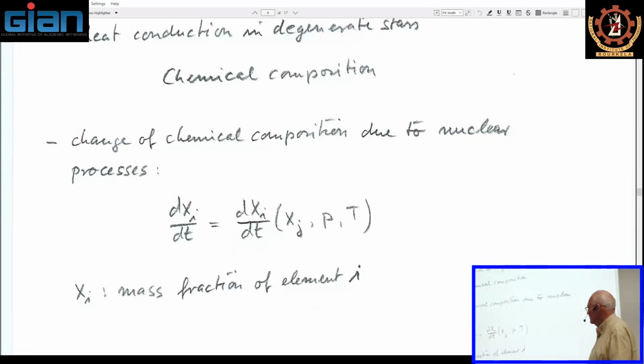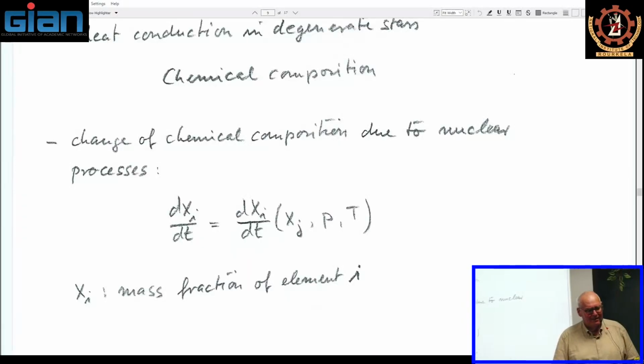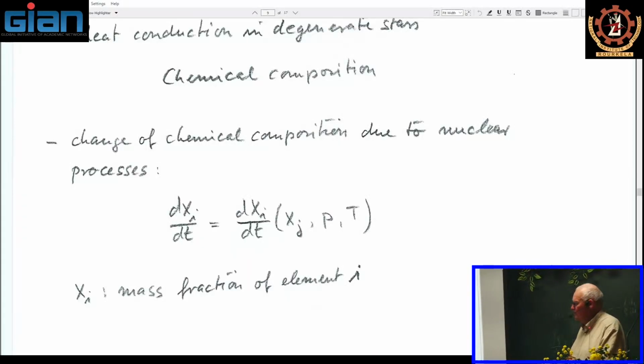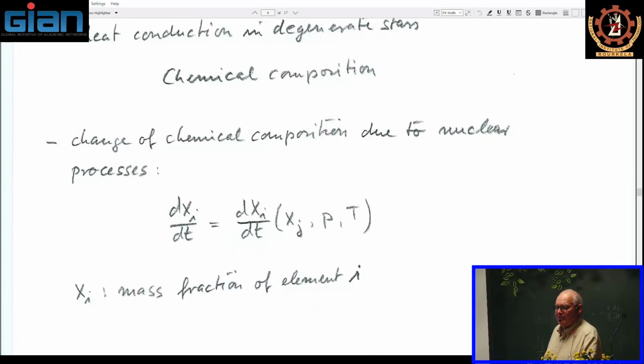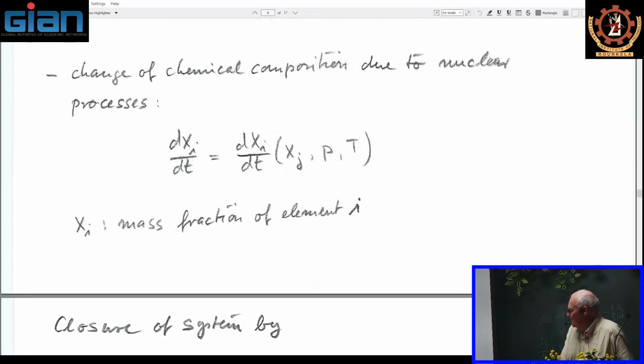It depends also on the thermodynamics of the system. Xi is the mass fraction of element i. And the detailed form of this equation has to be provided by nuclear physics. It's a very complicated dependence on pressure and temperature usually, but I won't go into the details here.